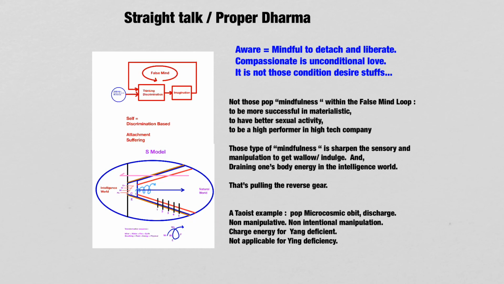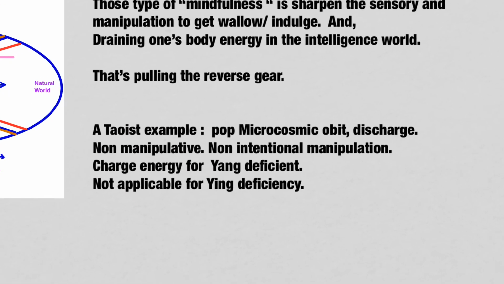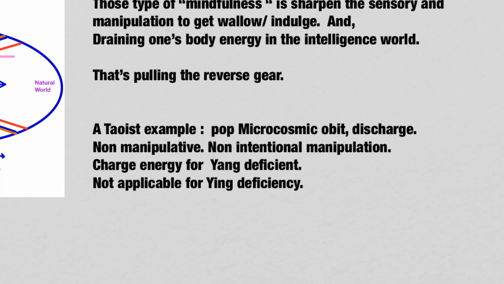Well, it happened to Buddhism. It happened to Taoism too. There is something called popular Qigong, the microcosmic orbit. The popular practice is really discharging, draining energy. The real microcosmic orbit is non-manipulative.